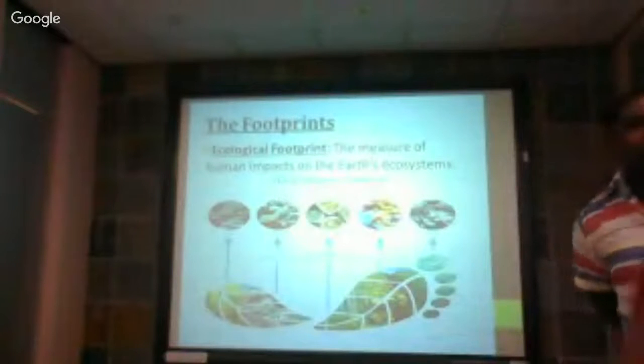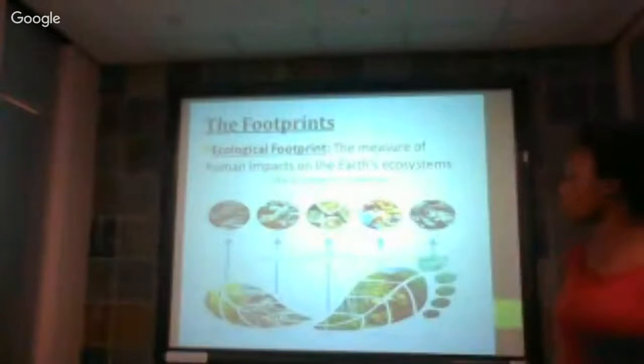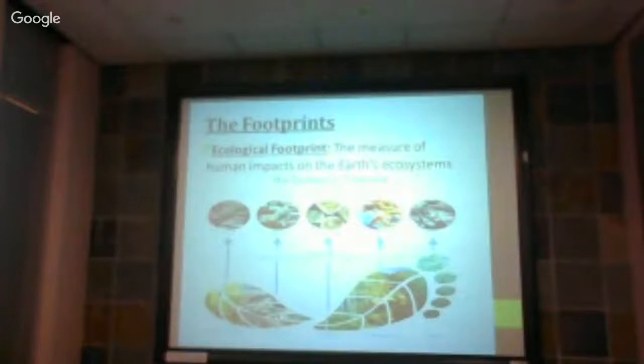The ecological footprint is the measure of human impact on the environment. This diagram shows that ecological footprint measures how fast we consume resources and generate waste compared to how fast nature can absorb our waste and generate new resources. We consume resources through energy, through settlement, whereby we reduce the land, natural capital, through timber, whereby we deforest and afforest alien plants, and also we need food as well as seafood.